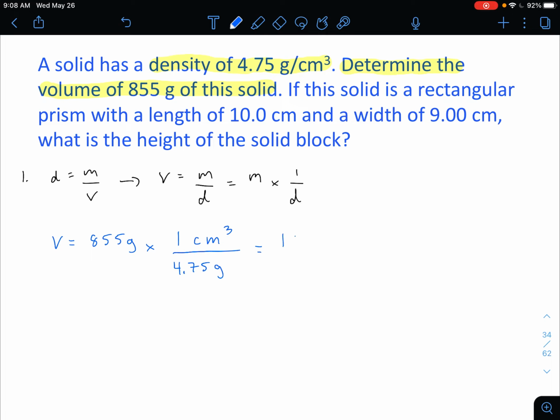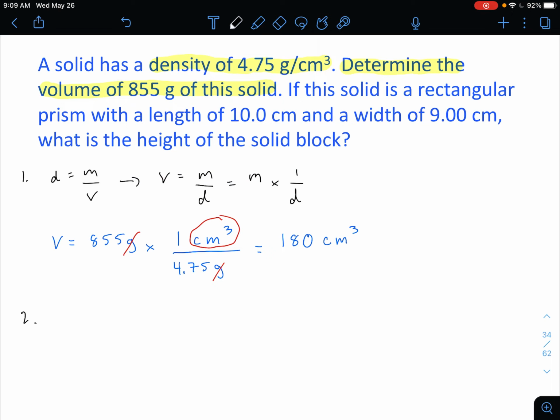Okay, so I get 180, and it's volume, so it's centimeters cubed. And also, we can verify that the units cancel out, right? Grams go with grams, so I'm left with centimeters cubed. So again, I like density as an initial example of unit conversion because the equation tells you what to do, but if you follow the units through the equation, you'll see that they will cancel out appropriately.